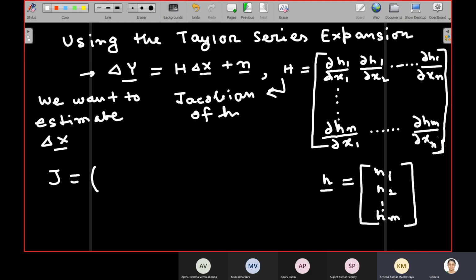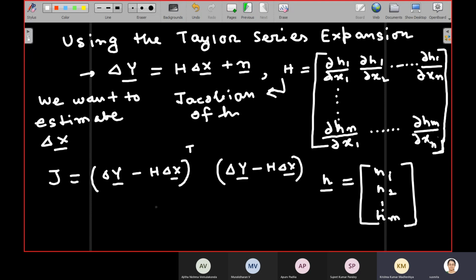Now, we want to find an estimate of delta x in such a way that the difference between delta y and H times delta x, this one, is minimized magnitude wise.